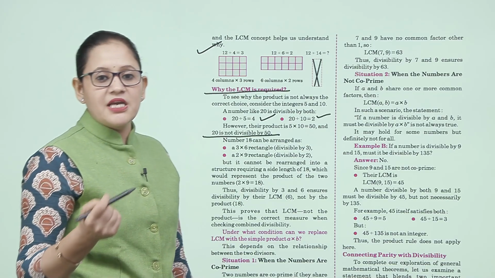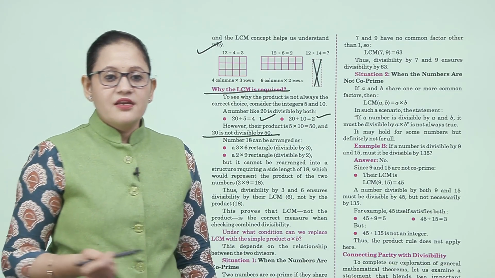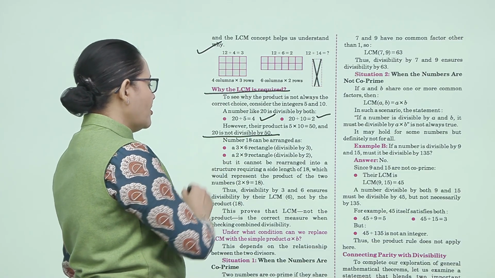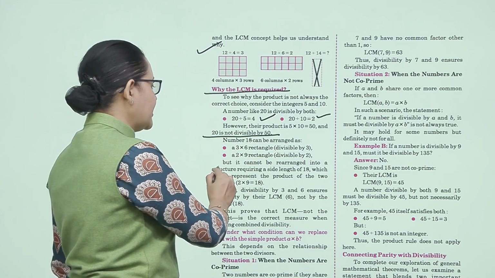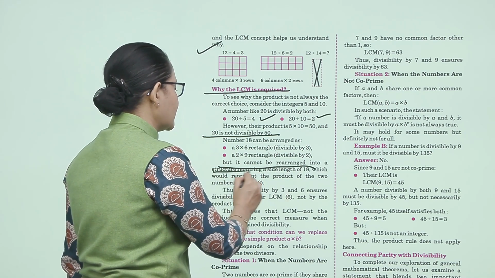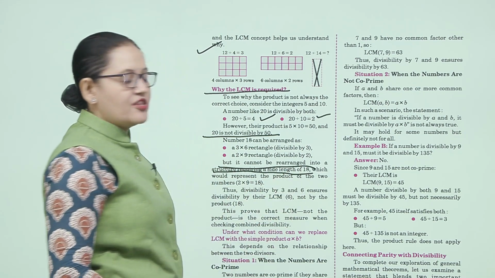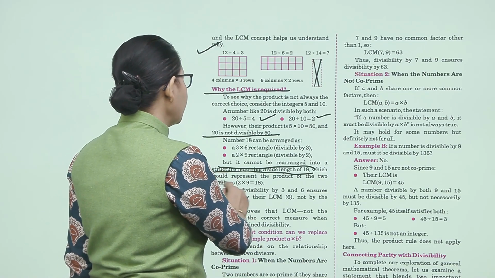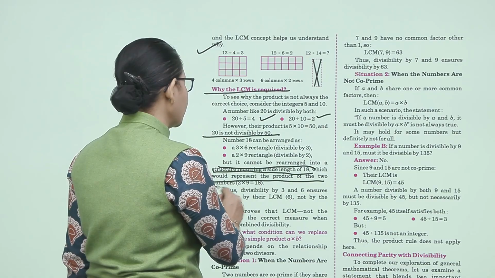The number 18 can be arranged as a 3 into 6 rectangle or a 2 into 9 rectangle, but it cannot be rearranged into a structure requiring a side length of 18, which would represent the product of the two numbers 2 into 9.